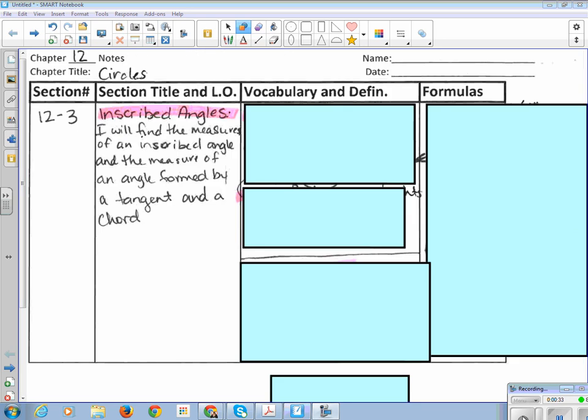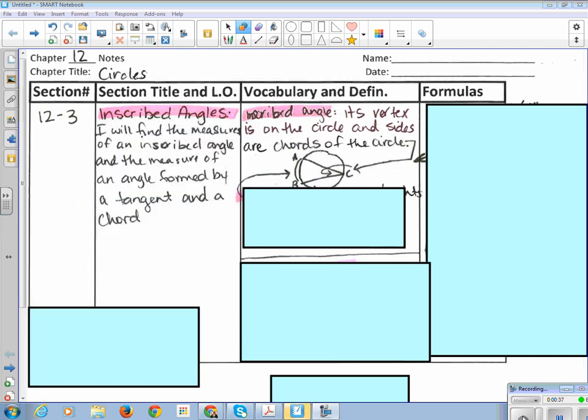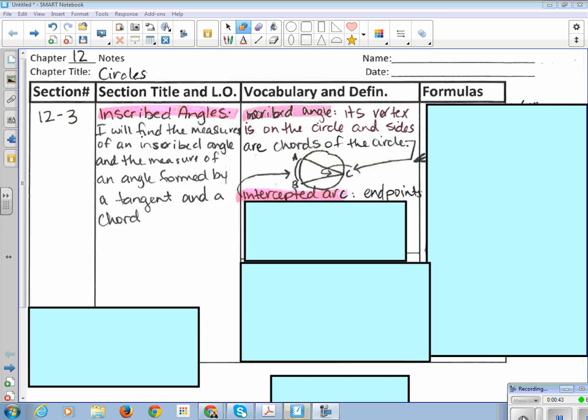All right, so vocabulary words for this section. There are 2. Doggone, if the section's called Inscribed Angles, we should know what an inscribed angle is. Its vertex is on the circle, so you see it right here. Here's the vertex right on C. And the sides are chords of the circle.